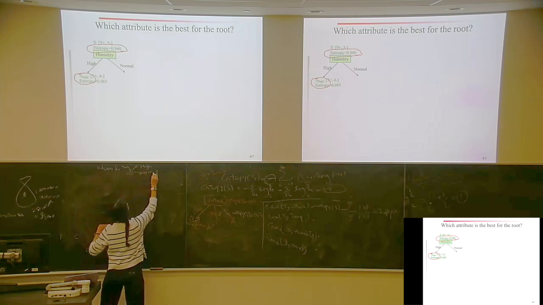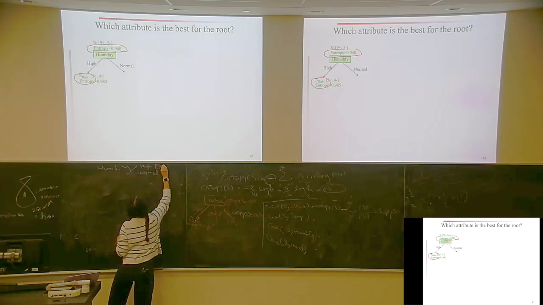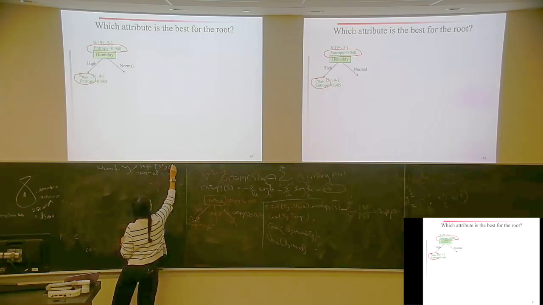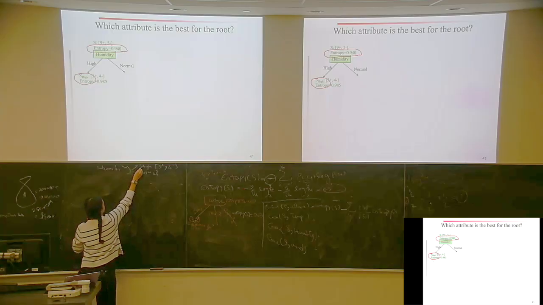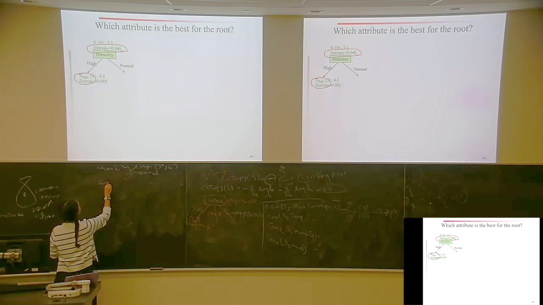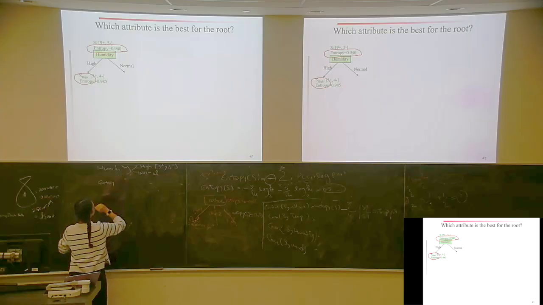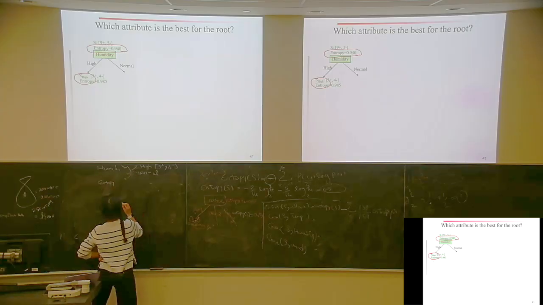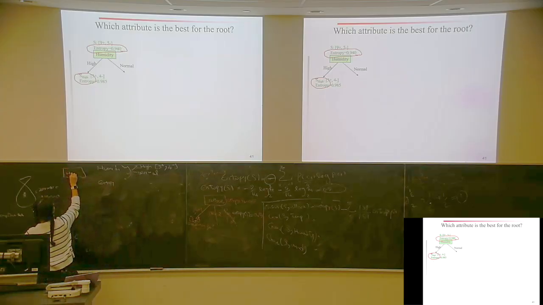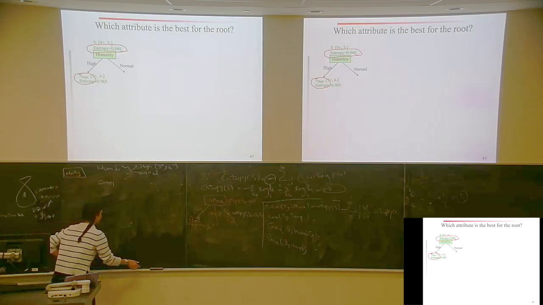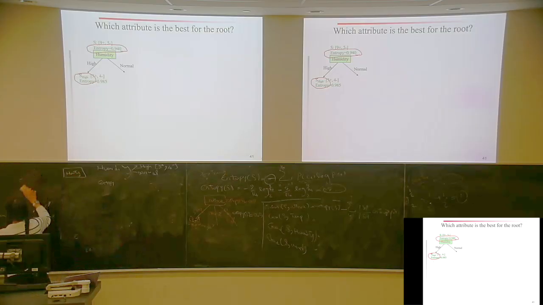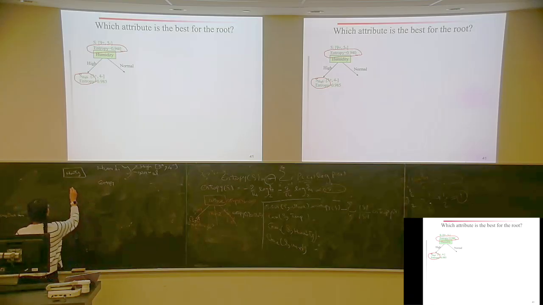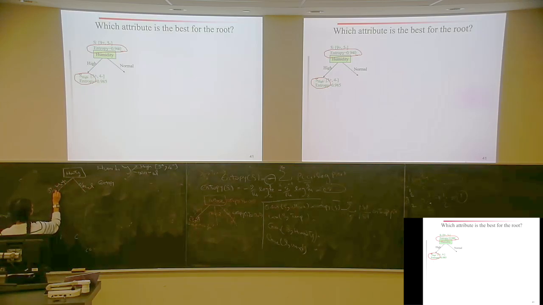Now for humidity high, we have 7 instances. 3 of them belong to class yes, 4 belong to class no. So the entropy of humidity high, this subset, if you start from humidity as your root, you will have this. So this is high, this is normal. Now you have 3 plus, 4 minus here, right?